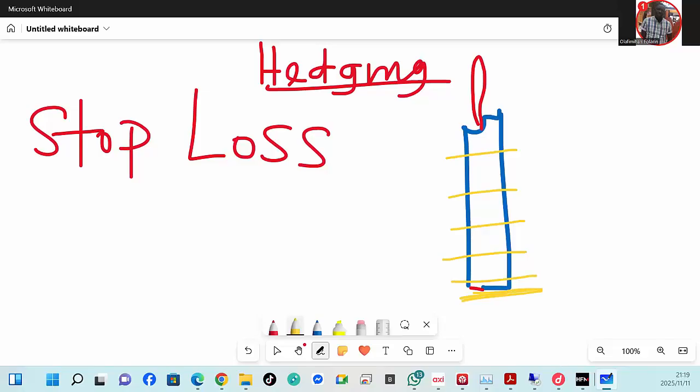That is how stop loss works. It's going to be reducing your capital bit by bit until your capital is completely finished. That is why I don't use stop loss. I stopped using stop loss 16 years ago. And that's when I started seeing results in my trading.